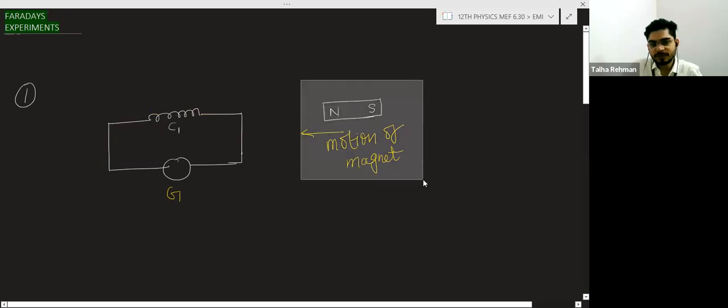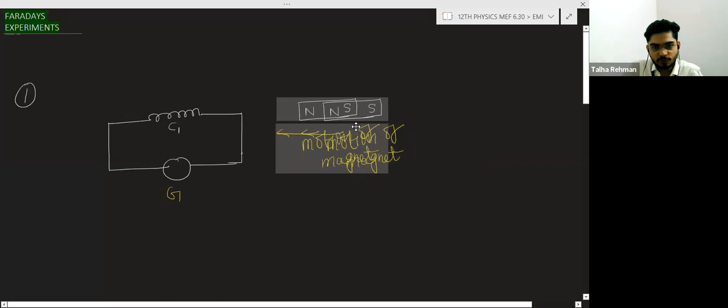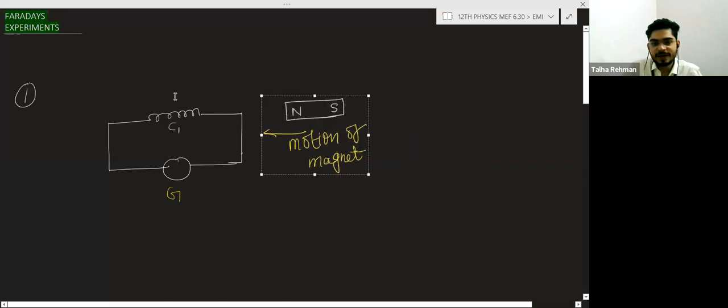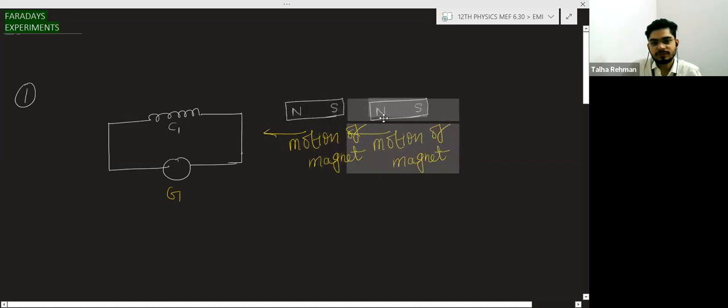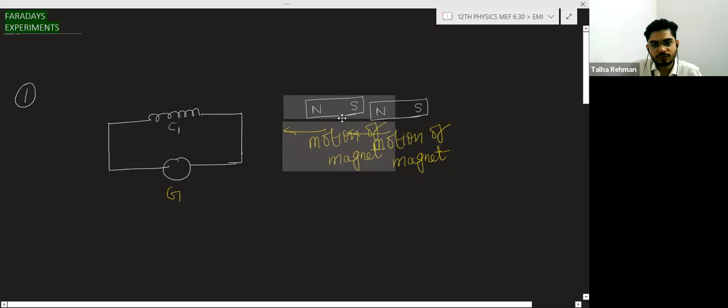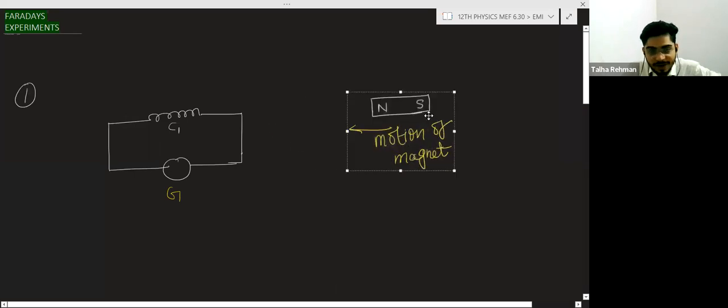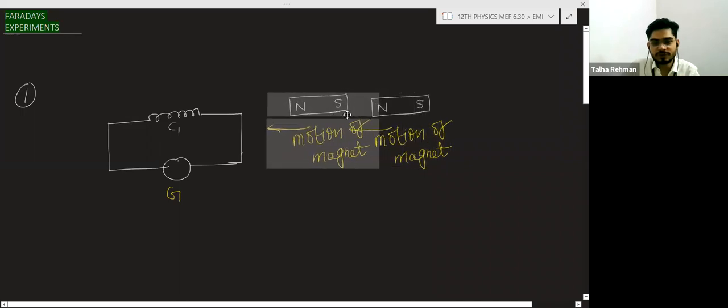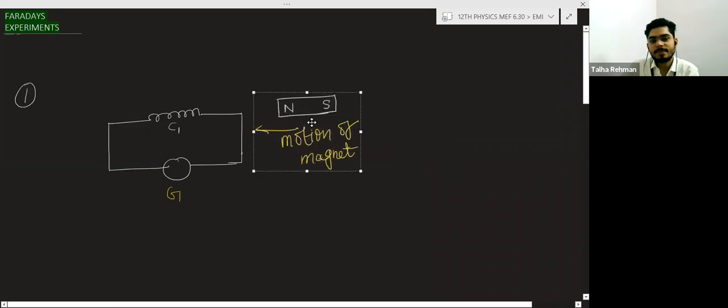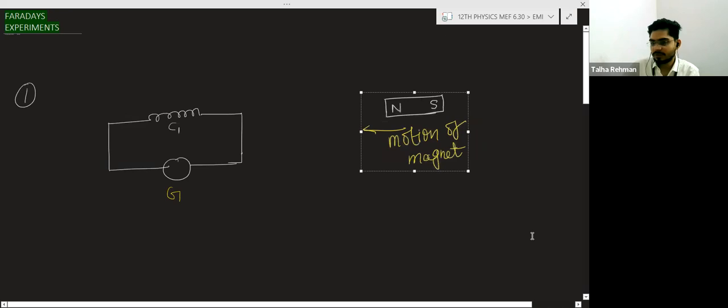What will happen when this magnet moves towards the coil? Will the magnetic field at this coil increase or decrease? The magnet is moving towards the coil, so it increases, because the magnet is going near to the coil.